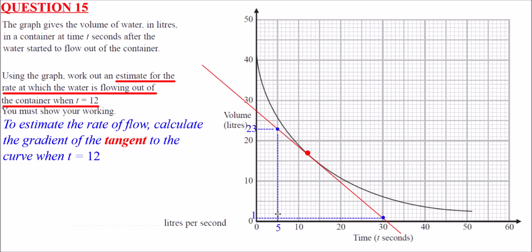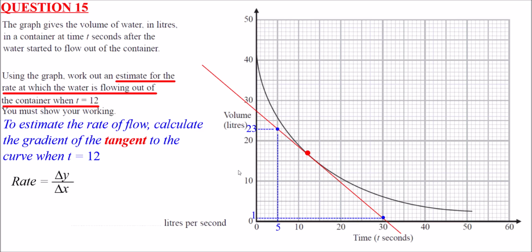We can now work out the gradient of that red tangent by working out the change in y divided by the change in x. And because we want the rate at which the water is flowing out, we don't need to worry if it's a negative gradient, just think about the size of the number. So the rate is the change in the y direction, the litres, divided by the change in the x direction, which is the time.